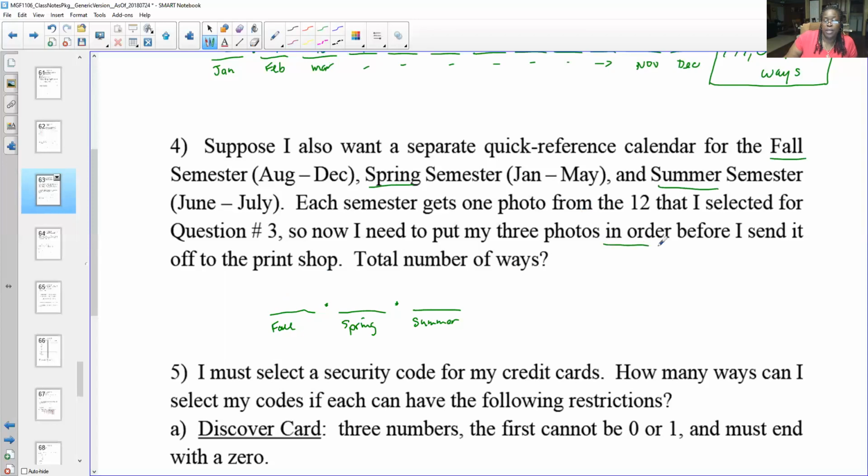I need to put them in order. So fall, I have 12 to choose from. And in spring, now I only have 11 to choose from. And in summer, I only have 10 to choose from. Now you notice we didn't need to use all the photos. There's 12 of them, but we only needed to choose 3. Okay? So now we multiply those numbers together. What did you get? Go ahead and do it in your calculator. I'll wait.